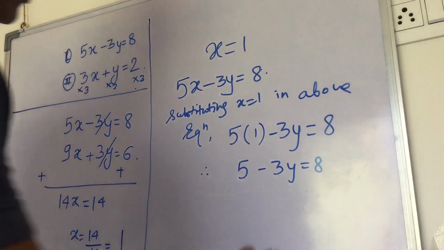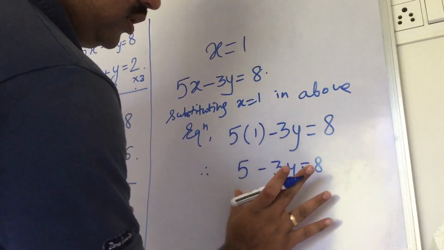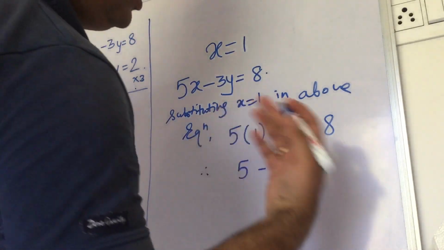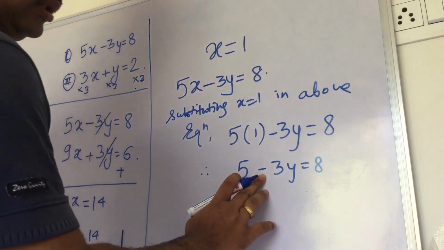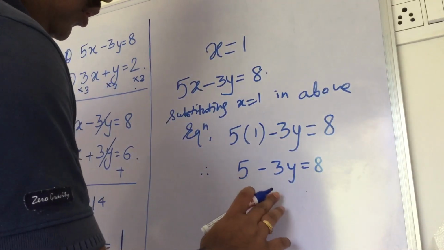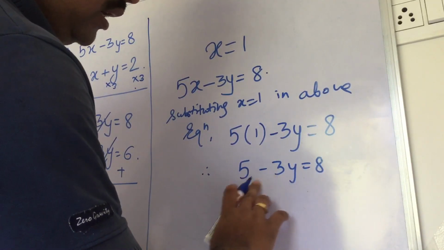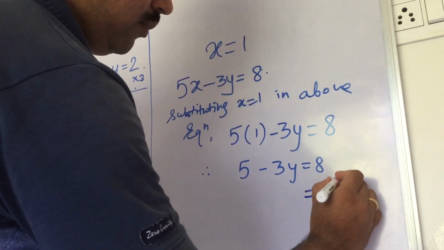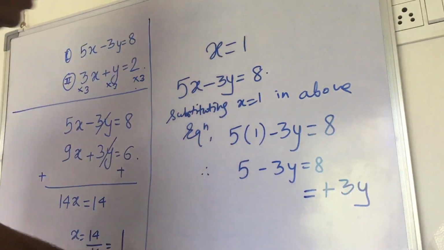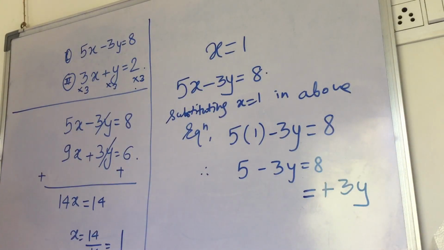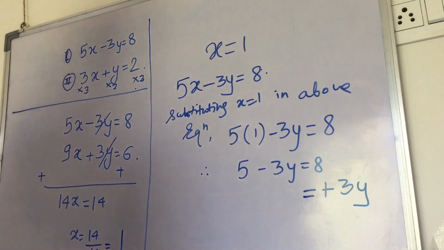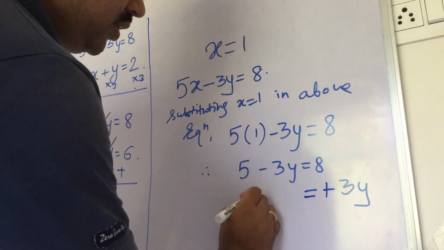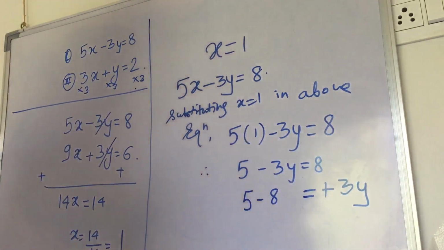You know, this is the equation, this is the partition. Whenever any term from here goes there, the sign changes, right? So if you take this minus 3y to this side, its sign will change and it will become plus 3y. And if you take this 8 to this side, its sign will change, that is 5 minus 8.